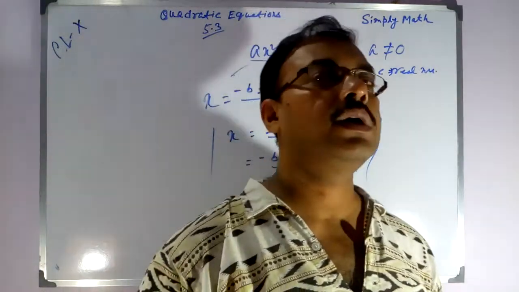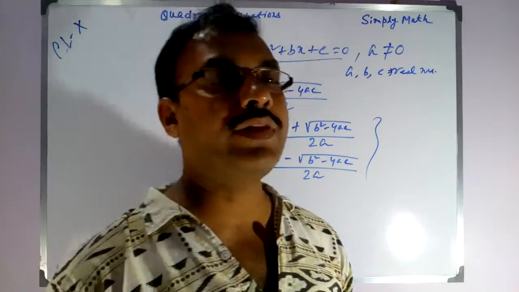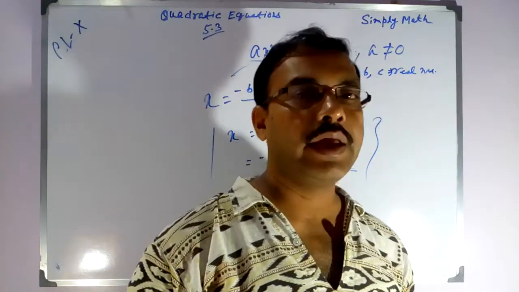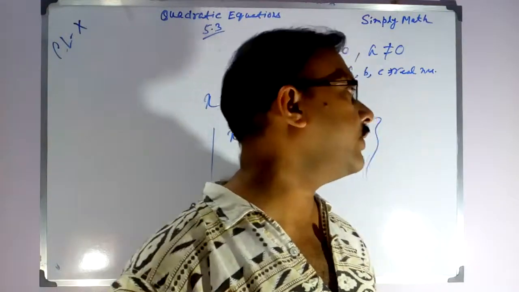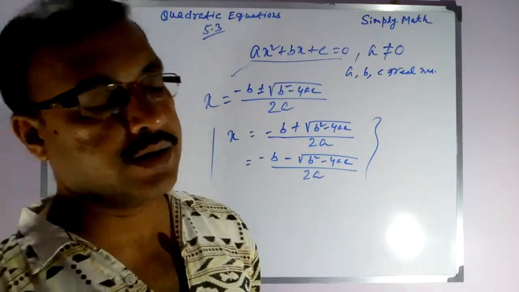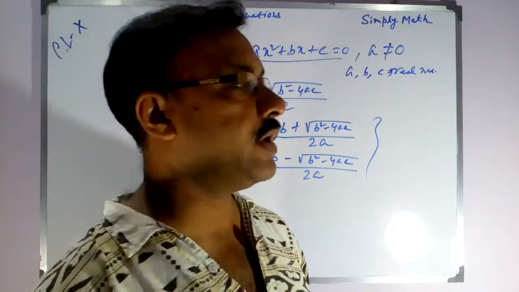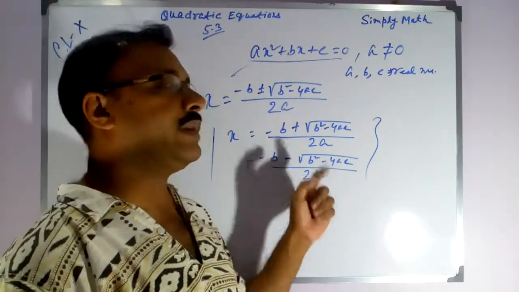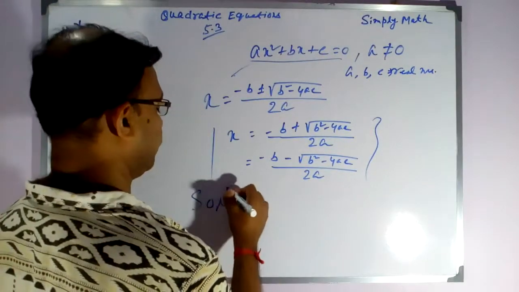These are the two solutions of this quadratic equation, where the equation form is ax square plus bx plus c, a cannot be 0, and a, b, c are all real numbers. Then we will get two solutions. Now there is a condition. What is the condition?